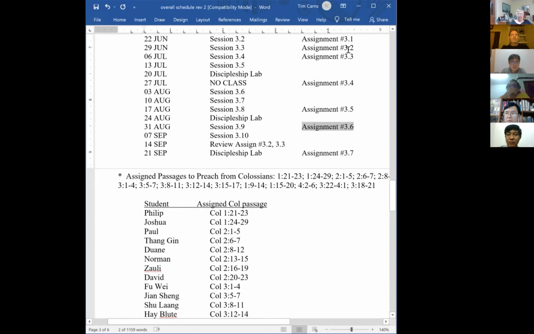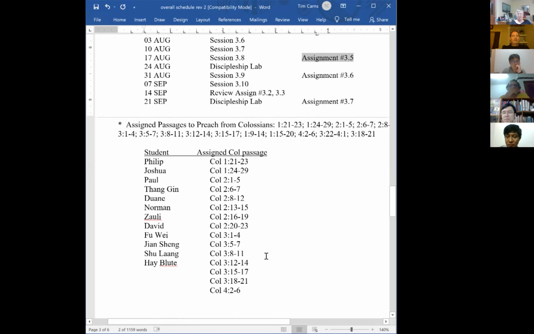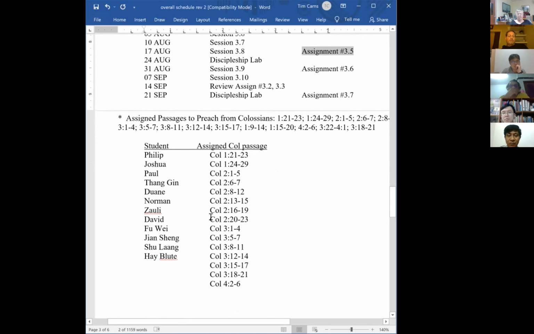Assignment 3.3 is the diagram of your passage. Assignment 3.4 is the observations. 3.5 is the word study. Each of these assignments is specific to your passage. That's noted here. It's also on the Canvas as well.